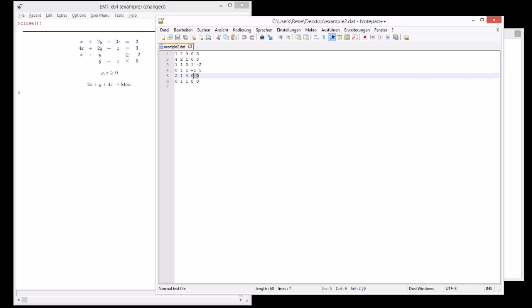The target function is 2, 1, 4 filled with 2 zeros so that we can read the whole file as one matrix. The restrictions read X is not restricted, Y and Z are restricted, greater or equal than 0. 1 stands for greater or equal 0, minus 1 for less equal 0.